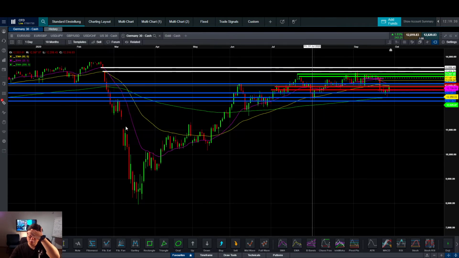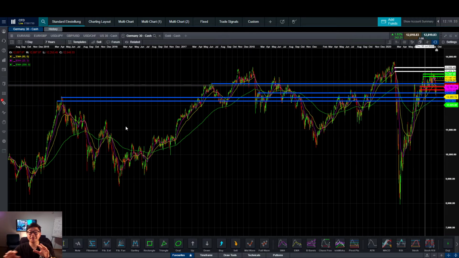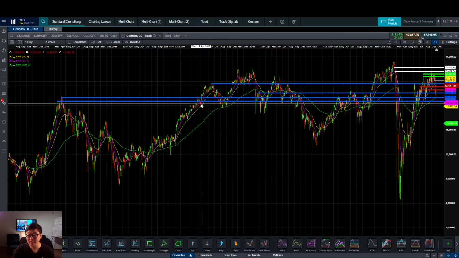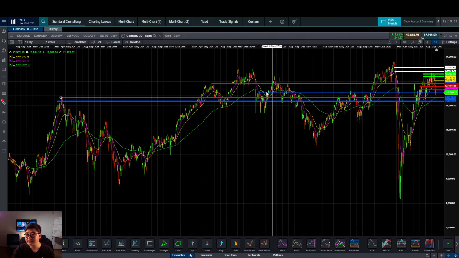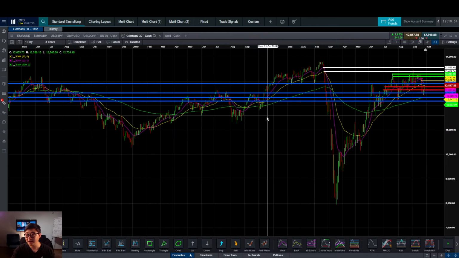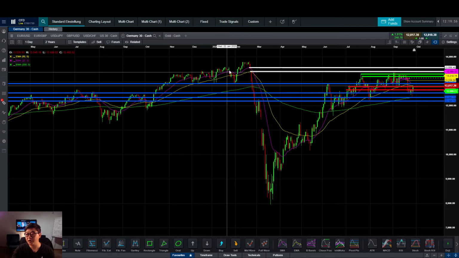But for now, what we did is keep all the support and resistance lines from last week. Why? Because we're still moving within that area, and it's important to leave them because that was your previous analysis. All you have to do now is add more. In your day chart, the major support and resistance you leave, unless you see it will move further up.